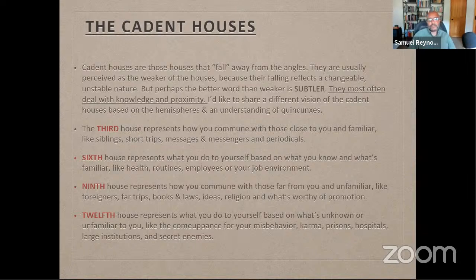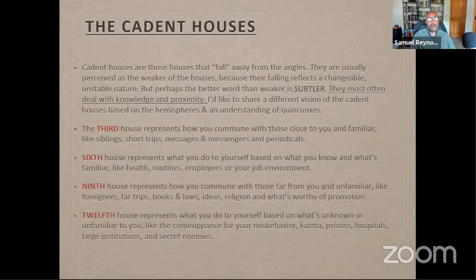Sixth house represents what you do to yourself based on what you know and what's familiar, because again, it's also below the horizon. So how you take care of your health, your routines and the maintenance of your health in terms of taking showers and eating and regular maintenance of yourself. It does deal with the idea of employees, people that you hire.